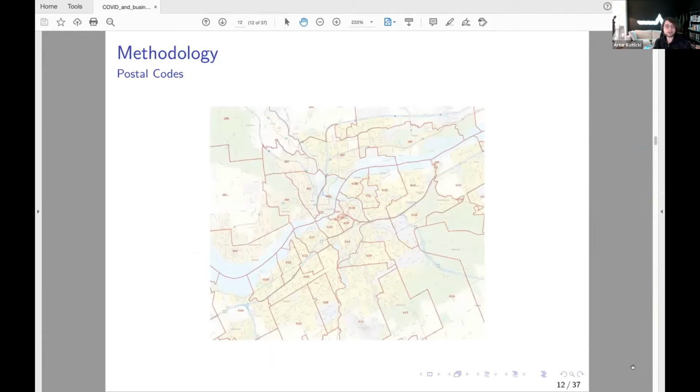And the natural way for us to define this is through looking at the postal codes, as this quite nicely incorporates the information about the demographic data, so the population density, as well as enables us to do quite detailed analysis between different places or regions that are under particular COVID restrictions and see the impact of such restrictions as compared to other regions that are not following the same restrictions.